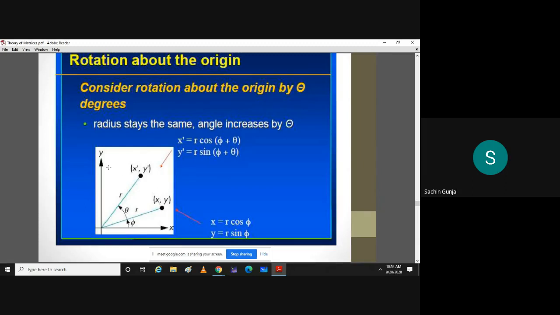Now, this origin O, let this point be P of x, y, and that OP distance is suppose r.